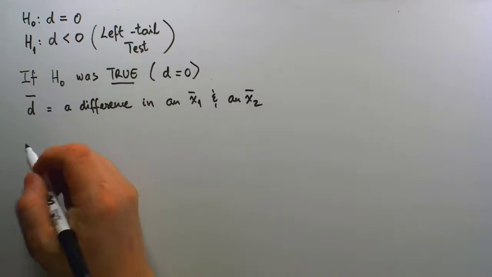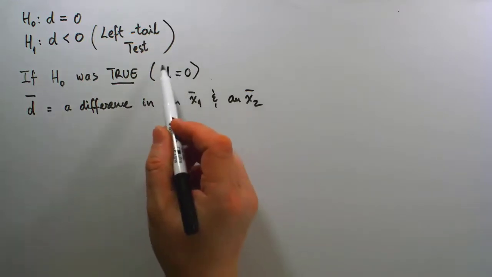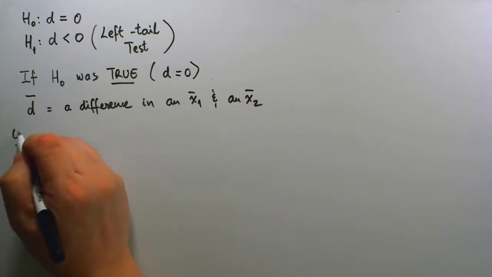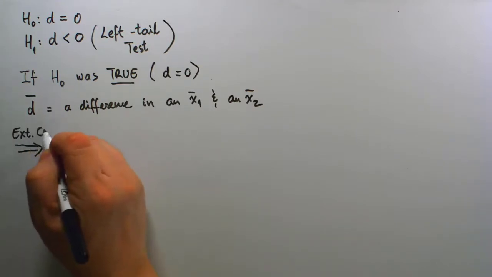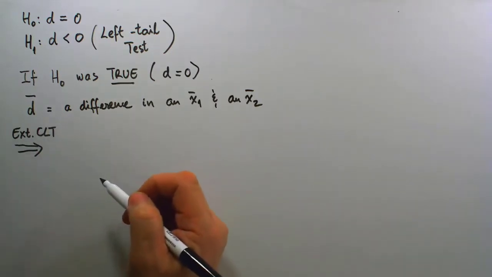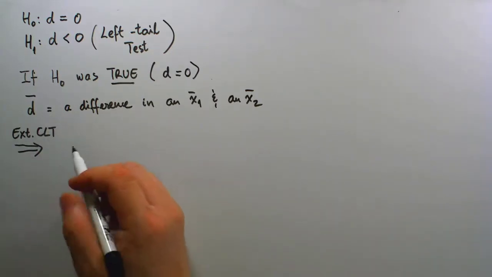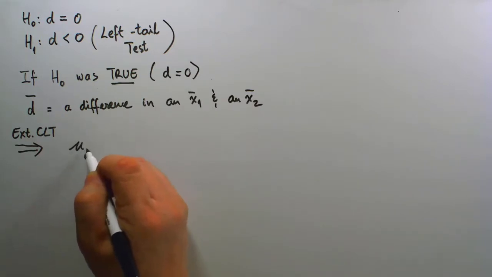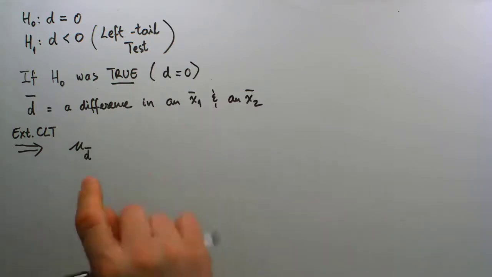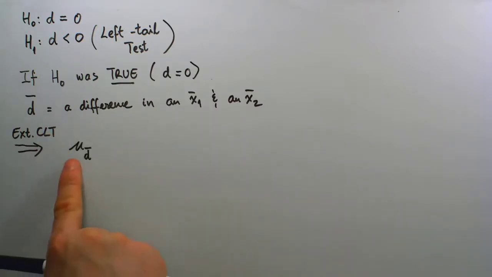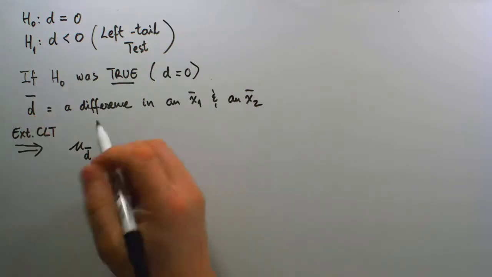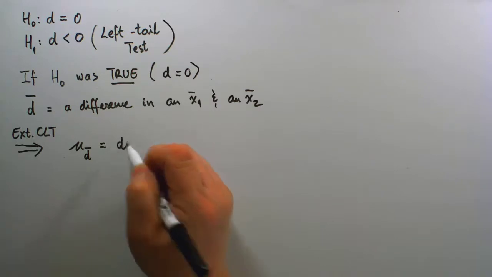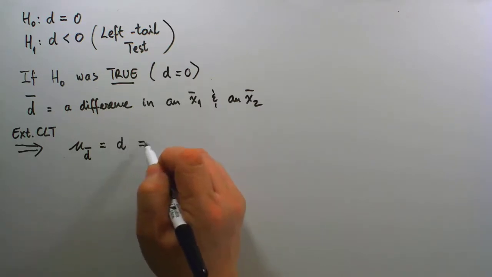So d bar generally is different, but it's a random variable that represents that. And so we now know that consequently, if D equals 0, then the extended central limit theorem that I have mentioned briefly throughout the general discussion will imply immediately that the average, or the center of all sampling differences, the center of all d bar values, must equal D, or in this case, equal 0.